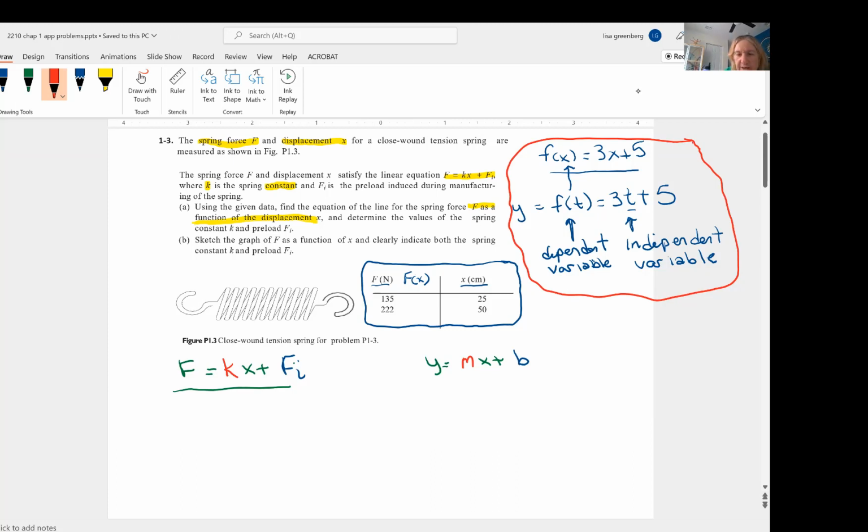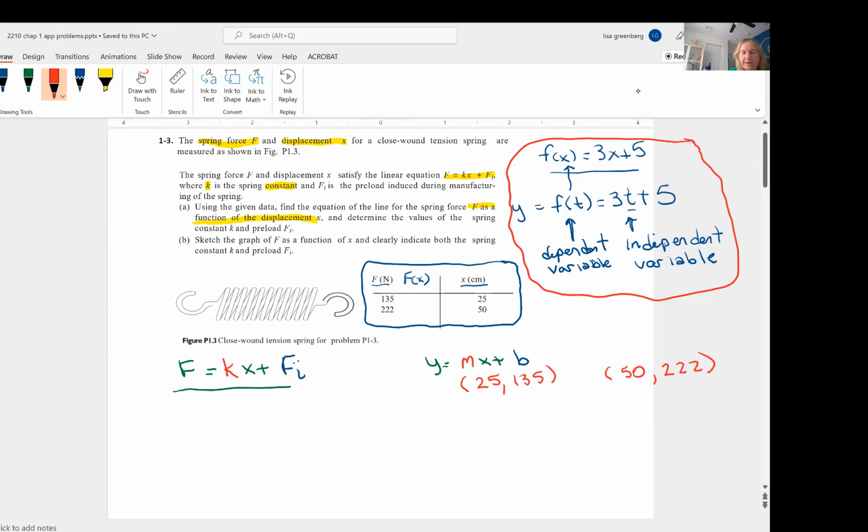So if I look here, what is it that I can do first? I need to find k and f sub I, which is the same as m and b. I look around and I see, oh, I have some data points here. So if I have 2 points, these are really the same. This data is really the same as 2 ordered pairs, 25, 135, and 50, 222.